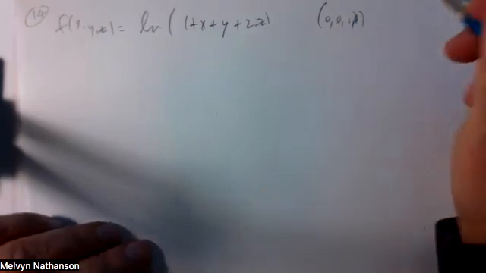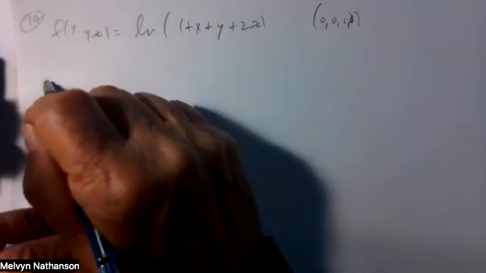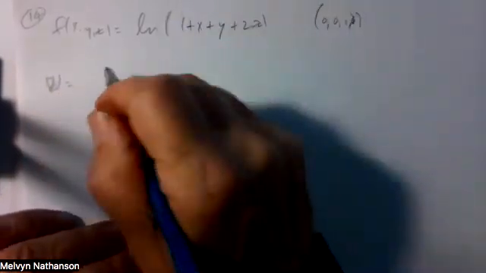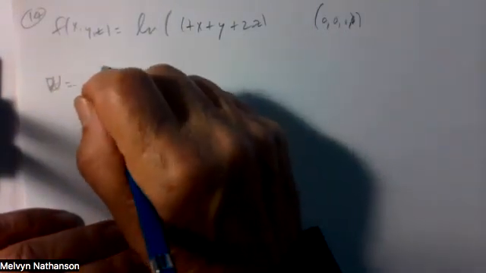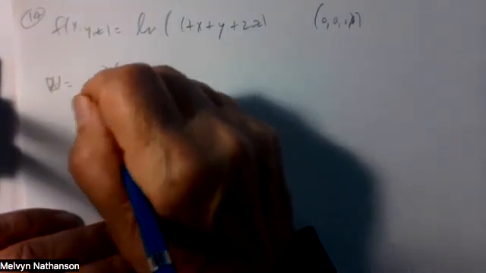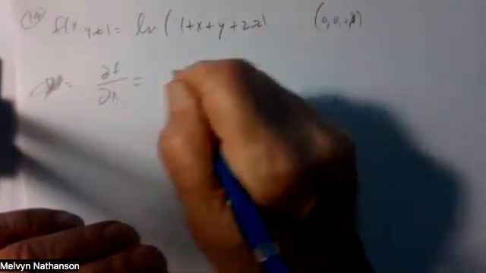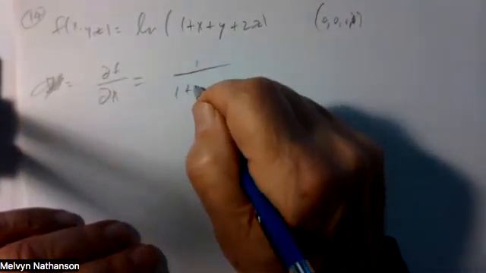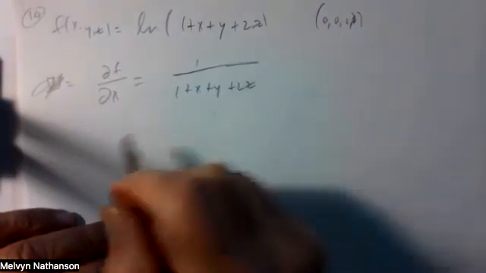So the tangent plane, or the linear approximation, let's call it W. What is the partial of f? Let me just calculate these derivatives. The partial of f with respect to x is 1 over 1 plus x plus y plus 2z.